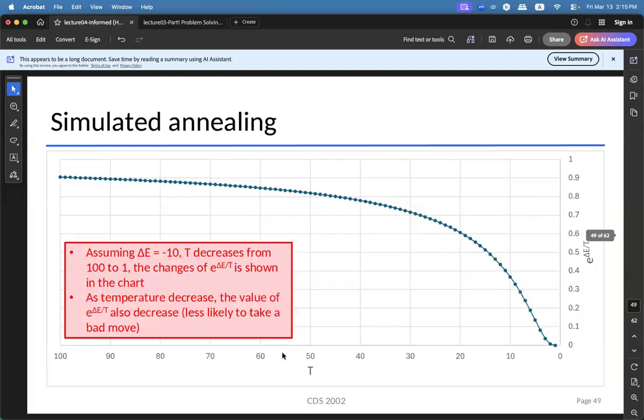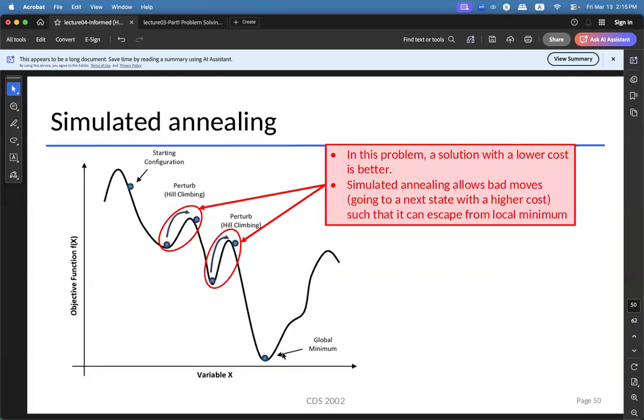As you can see here, in this problem we want to get to the global minimum, the minimum value. Here is the local optimum.